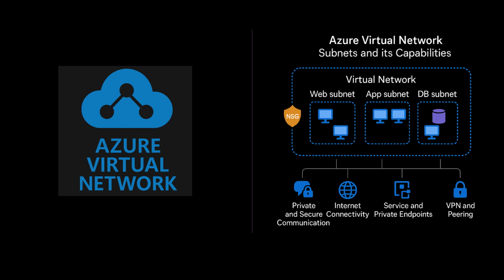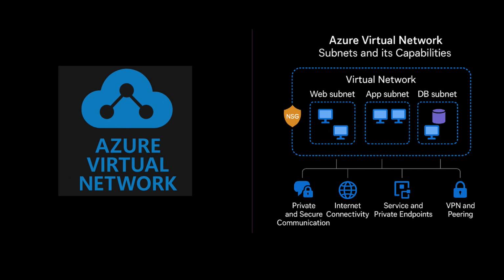To secure your design, you apply network security groups so that only the web subnet can receive traffic from the internet, while communication between the app and database tier is tightly controlled. For extra protection and privacy, you set up private endpoints in the database subnet, allowing your SQL server to be accessed securely without ever going through the public internet.